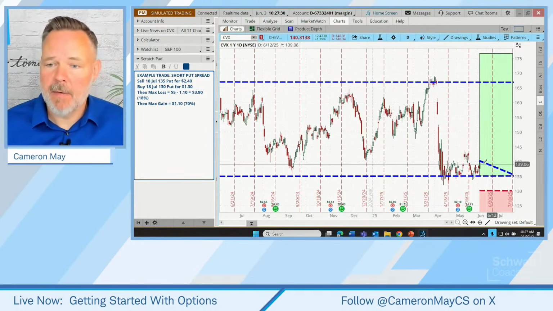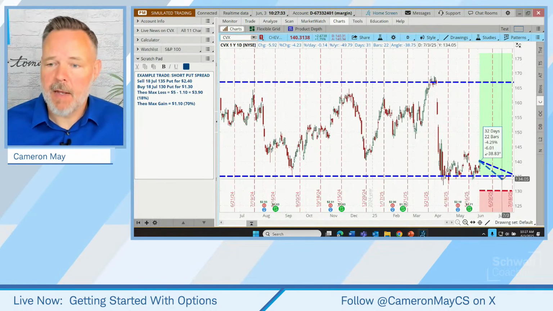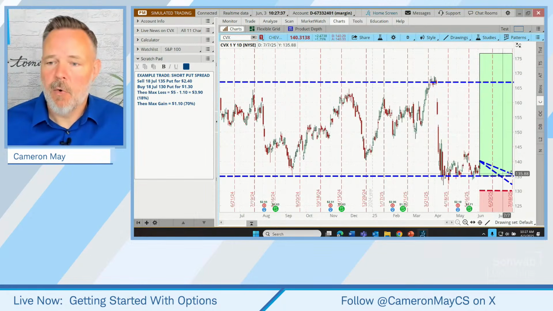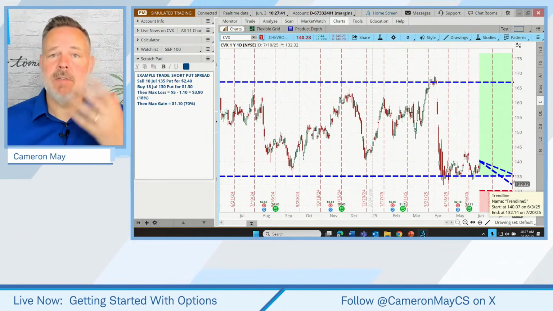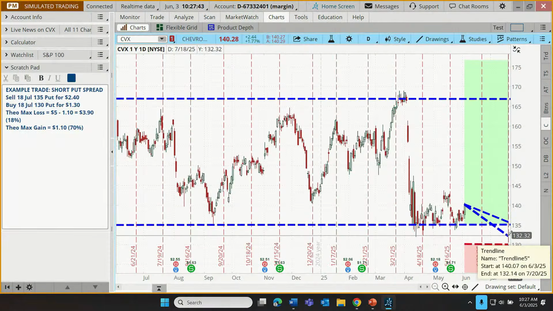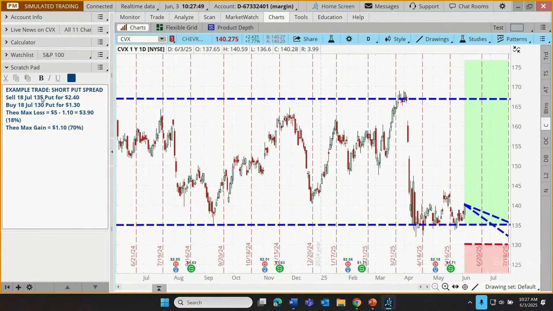What could happen if we didn't go down to max loss territory, we're below max gain territory? Let's say we're at $132, just to pick a number between 135 and 130. Well, if a stock's at, let's say, 132, and someone has the right to sell shares to us for 135, are they going to do that, especially if time has run out on them? Yep. That is an in-the-money put option.